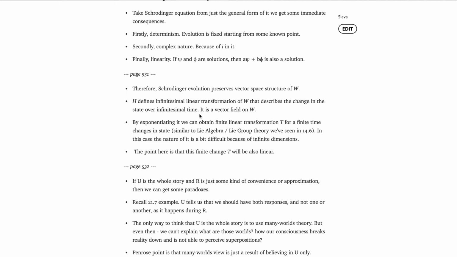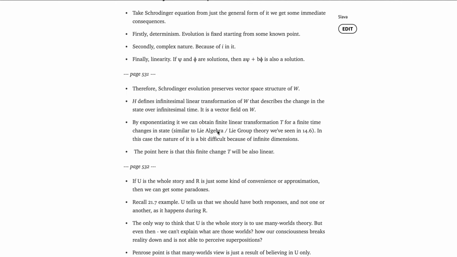So basically it's just a vector field on wave function space. And to obtain the finite linear transformation instead of an infinitesimal one, we need to exponentiate that and obtain some linear transformation t for a finite time for the changes in the state.